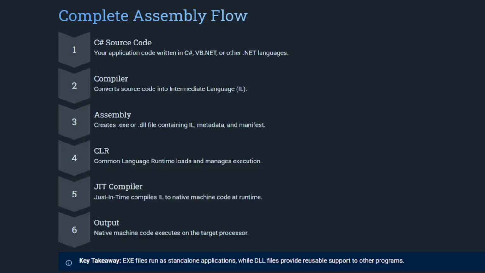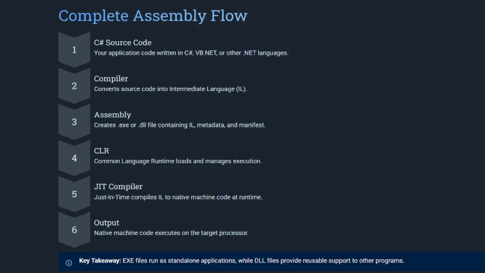Let's quickly go through the complete flow once again. We start by writing our code in C#. Then the compiler converts it into intermediate language. Then this IL code is stored inside an assembly, which can be .exe or .dll files. After that, the CLR loads the assembly and manages the execution. Then the JIT compiler converts this IL code into machine code.